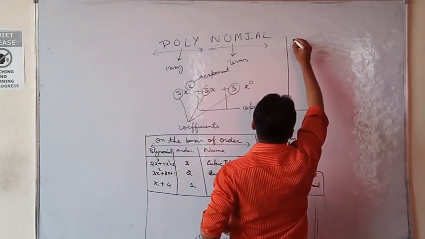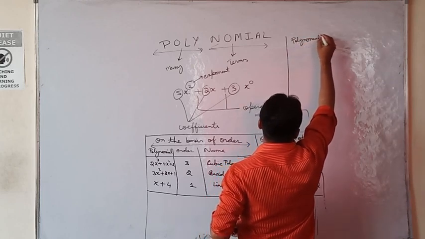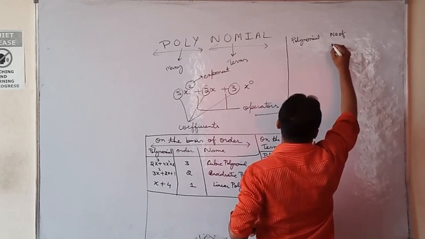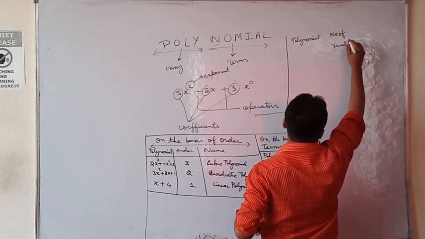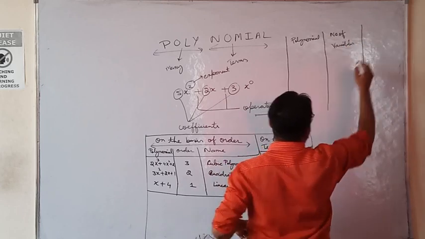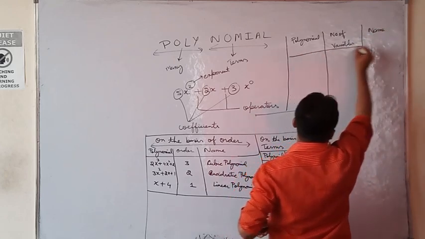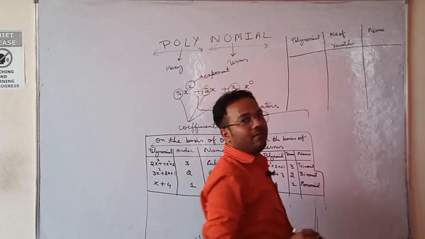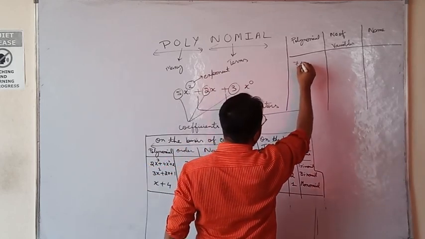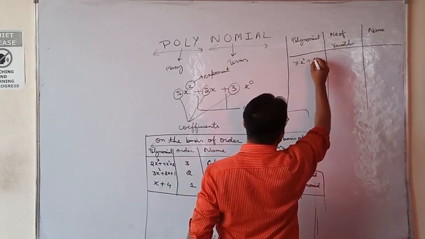Again, I will make the same table, with polynomial, number of variables, and name. Let's take the polynomial 7x square plus 1.